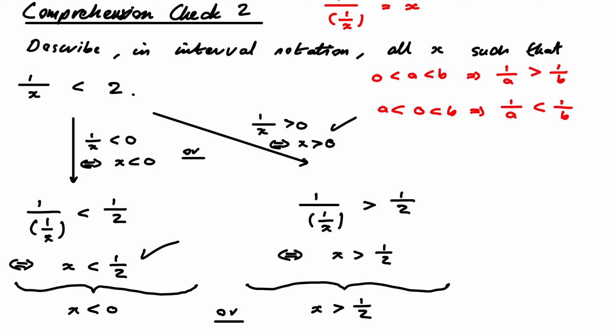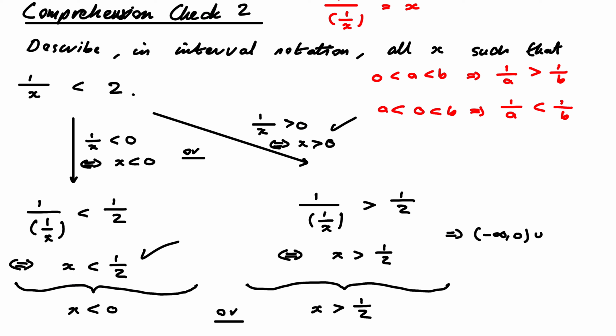So putting everything together, what do I get? The interval is, well, on the negative side, just x is any negative number, union on the positive side, well, you've got to be bigger than a half, don't you?